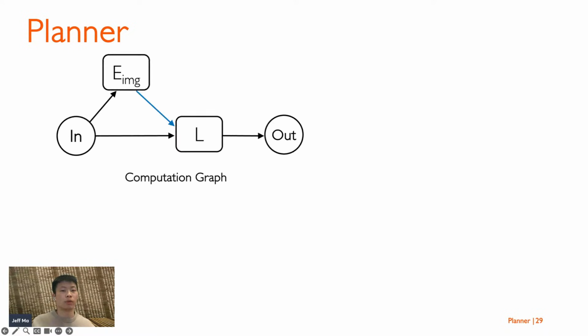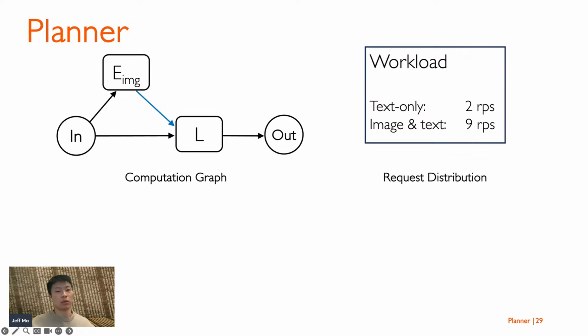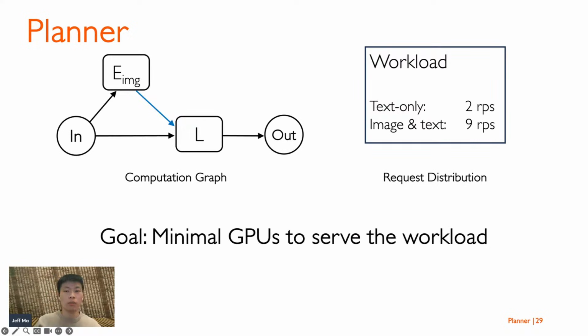Using a toy example of a vision language model, the planner accepts two inputs: the model computation graph defined through our task abstraction, and also the target workload, which includes the request distribution of each request type. For this toy example, let's say we want to minimize the number of GPUs needed to serve this workload.